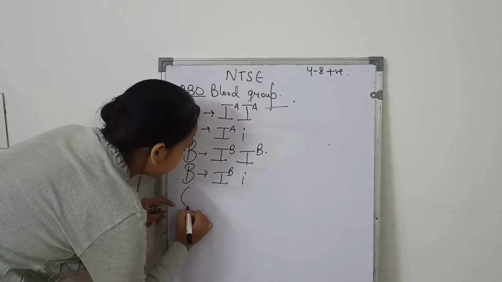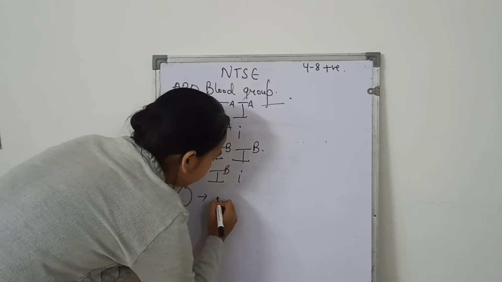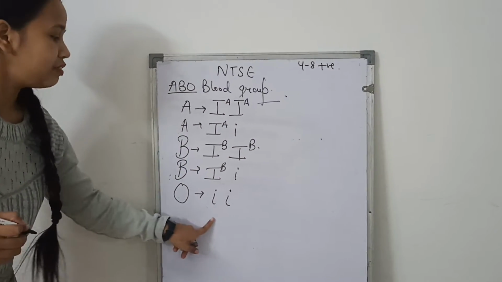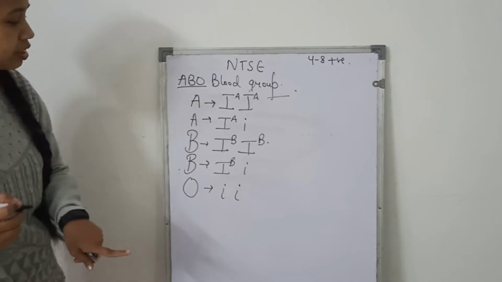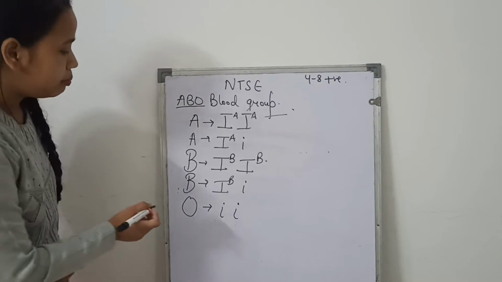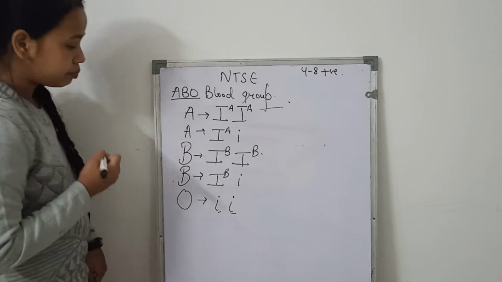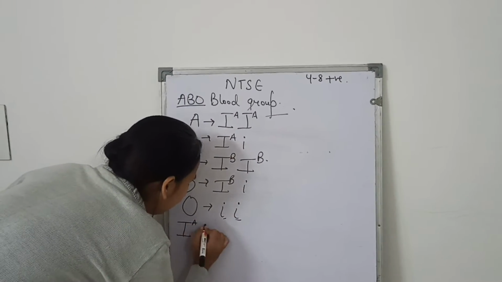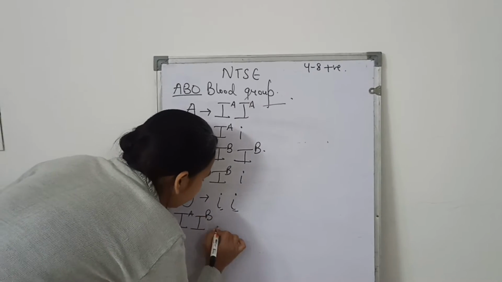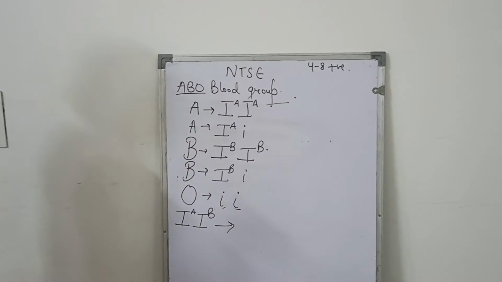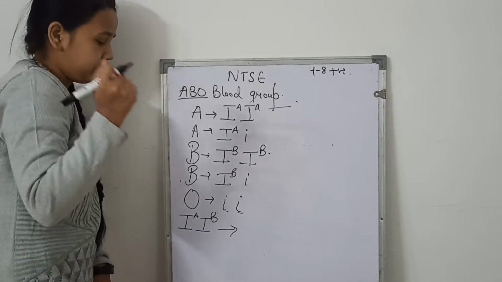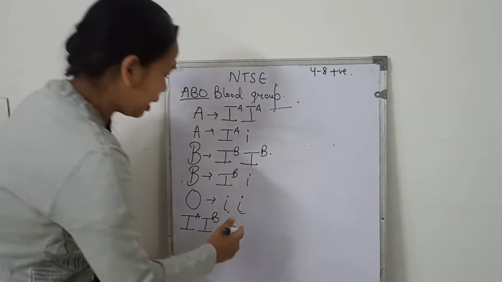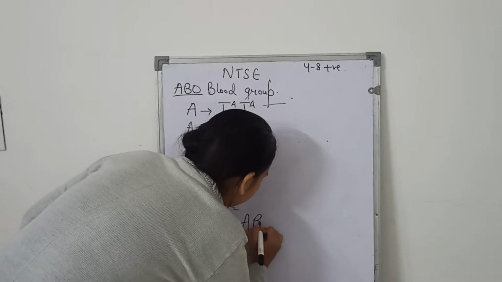Next we move to blood group O. Blood group O will only express itself if the allele is present in the homozygous recessive condition, ii. So we will get blood group O. But what happens if both allele A and allele B are present in an individual? In genetics we generally talk about population. So here both the genes are present, so they will make a new blood group type, that is AB blood group.